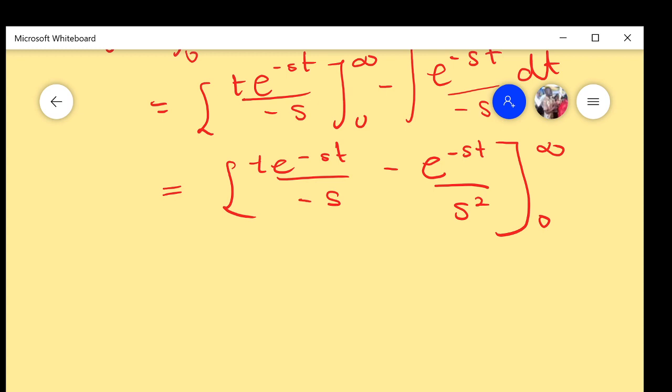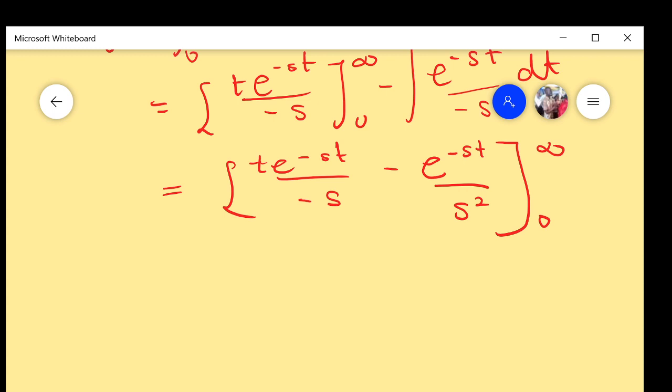Okay, so we want to solve. In our initial discussion, we made mention of the infinity here. If our s is greater than 0, then we know what happens.